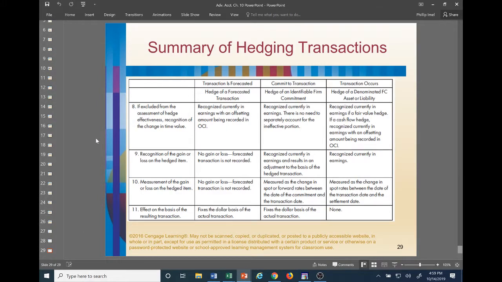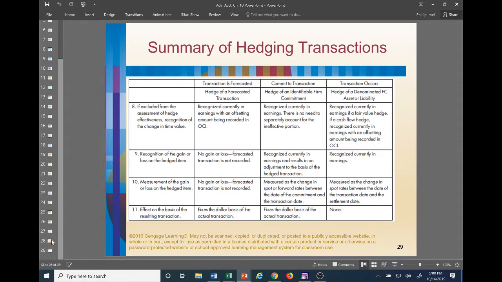If excluded from the assessment of hedge effectiveness, the recognition of the change in time value, the recognition of the gain or loss on the hedged item, the measurement of the gain or loss on the hedged item, and the effect on the basis of the resulting transaction.